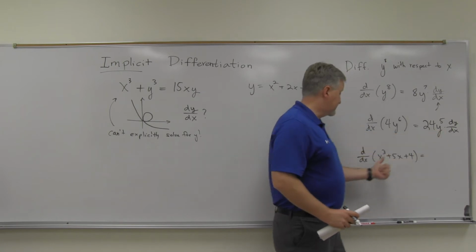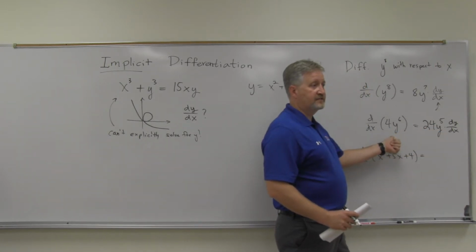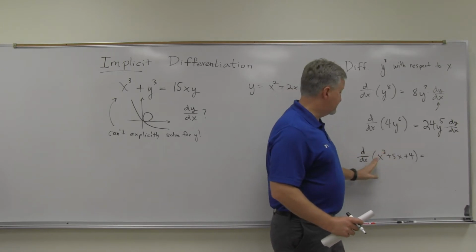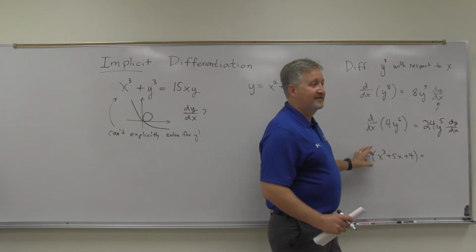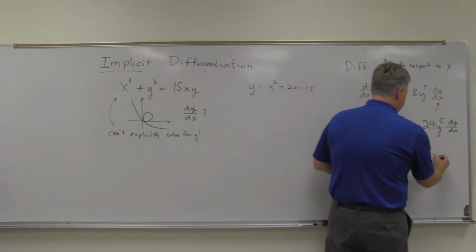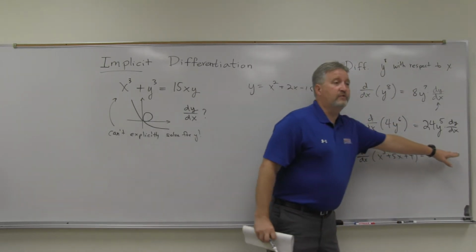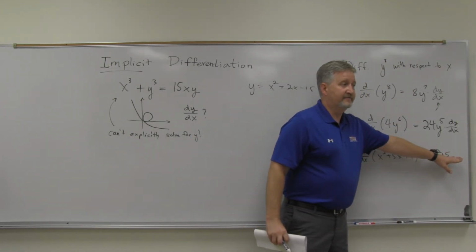No. Because these are x's, I only need the dy over dx with the y's, the y stuff, okay? So this is just still straight up derivative. I'm doing the derivative with respect to x of an x expression. So that's 3x squared plus 5. No dy dx needed there. Okay?